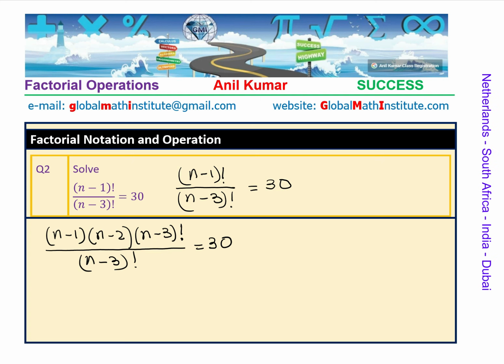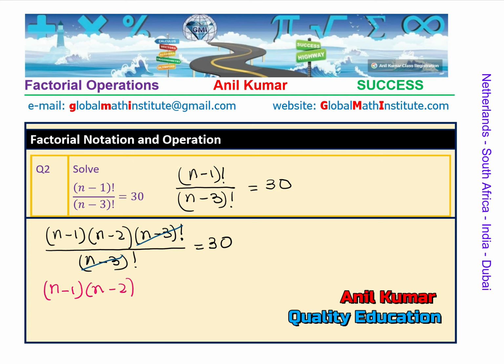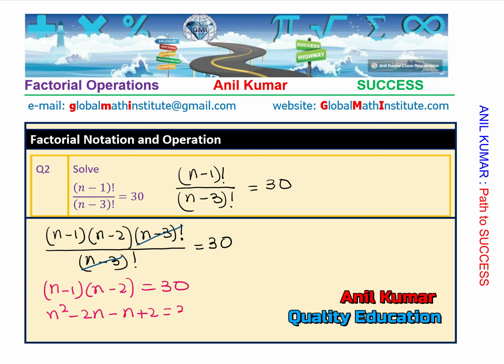Now, you can see we can cancel n minus 3 factorial, rewriting the expression as n minus 1 times n minus 2 equals 30. Now that becomes a quadratic equation. So let's expand and simplify. So we get n squared minus 2n minus n plus 2 equals 30.